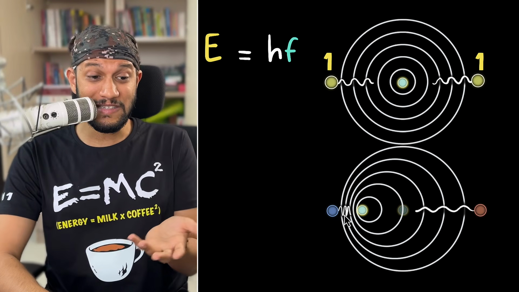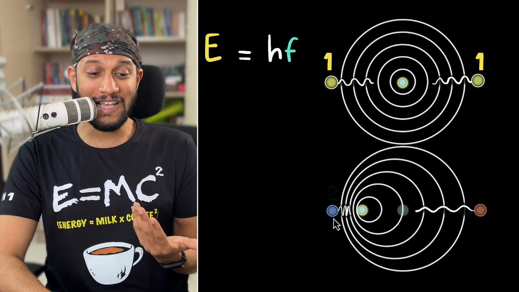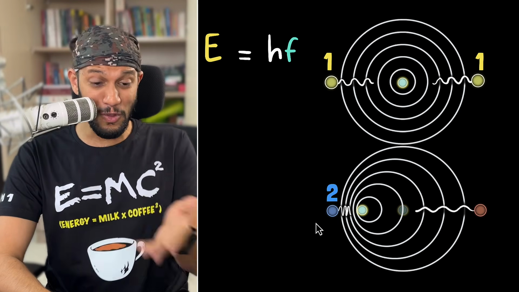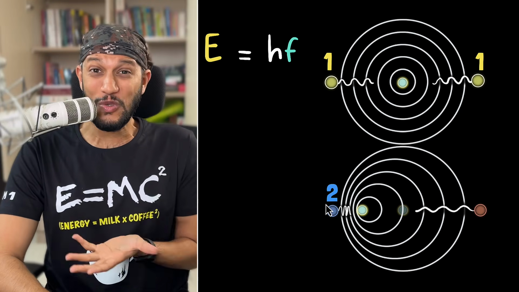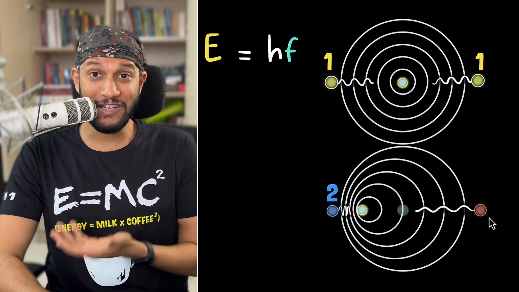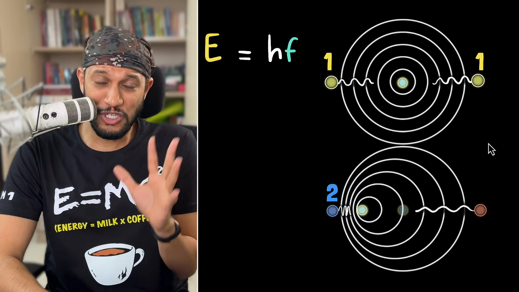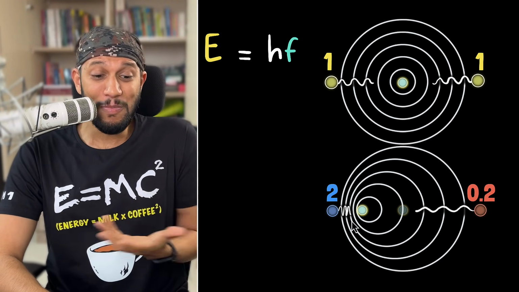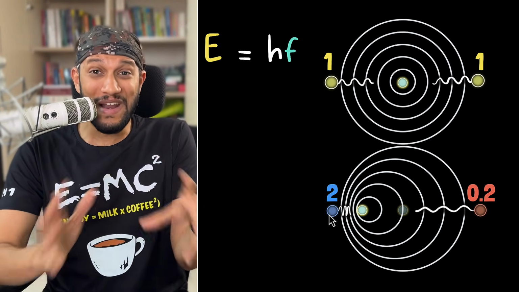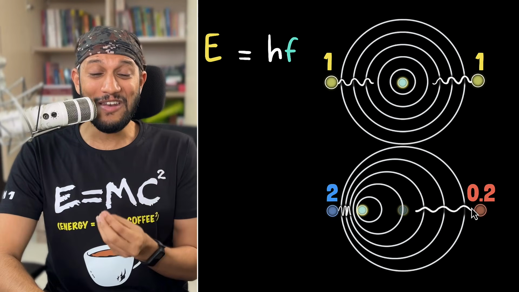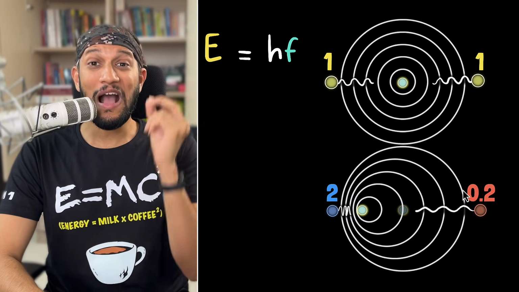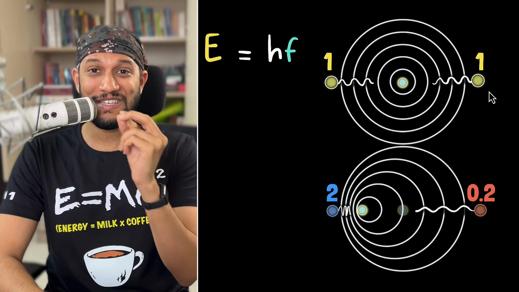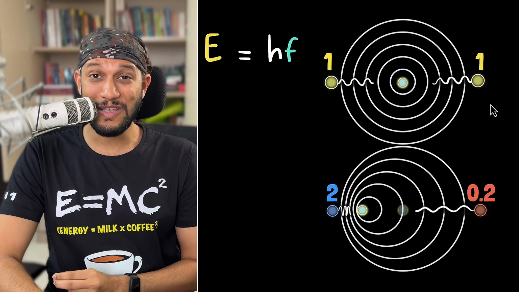So if the frequency is double, this photon already has twice the amount of energy. So look, that photon already has 2 units of energy. Now this redshifted photon will have energy less than 1, sure, some energy, let's say 0.2 for the sake of numbers. And look, because this blue shifted photon already is dominating, the total energy becomes 2.2, higher than the total energy that we saw earlier from the rest frame.